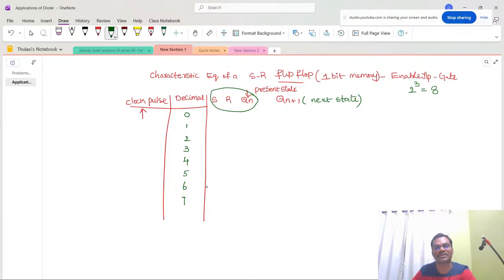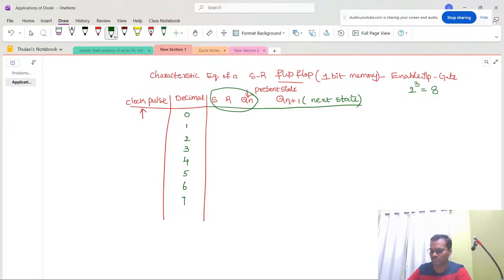So 0 to 7, 8 decimal numbers. Now let us fill the columns one by one. First one is 0. The decimal here is 2 to the power 0, which is 1, this is 2, this is 4.